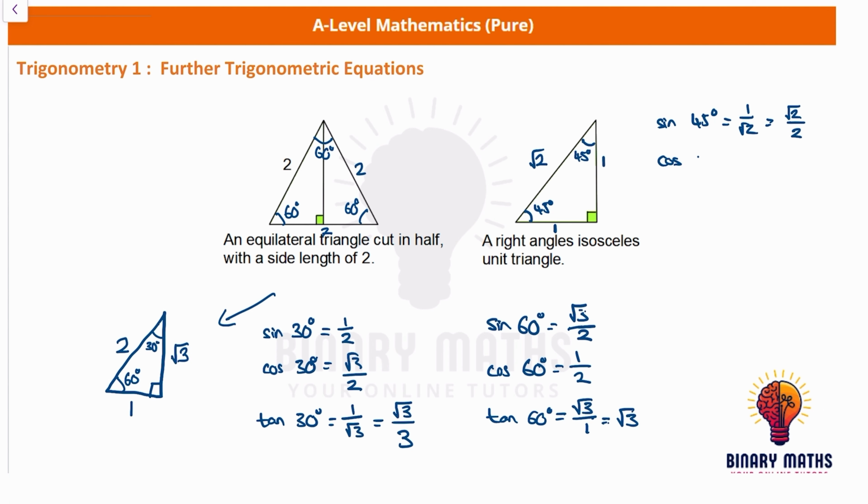Cos of 45 degrees is equal to adjacent over hypotenuse, which is again 1 over root 2, which is root 2 over 2. And the last one is tan of 45 degrees is opposite over adjacent, which is 1 over 1, which is equal to 1. So now we've got all the trig values for 30, 45, and 60.